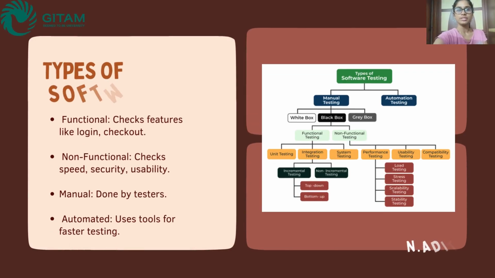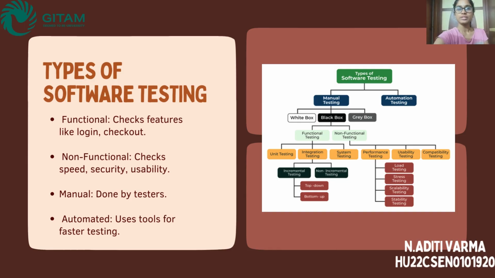Types of software testing. There are different types of testing, each with a specific purpose: functional testing, non-functional testing, manual testing, and automated testing. Functional testing ensures features work, for example, the login page, checkout page, etc. Non-functional testing focuses on performance, security, and usability.